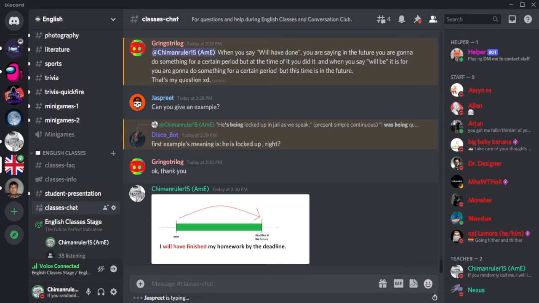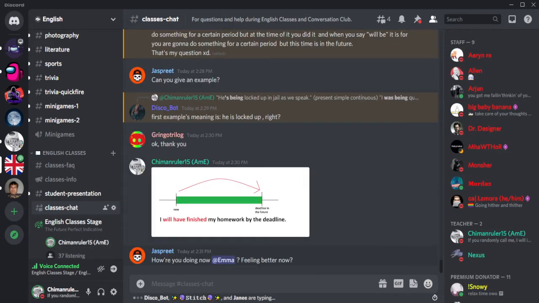Well, "will have finished" implies that there's a relationship between now and the deadline. But if you say "I will finish my homework when I hit the deadline," or when the deadline happens, or whatever, then there's no connection between that point in the future and the present.